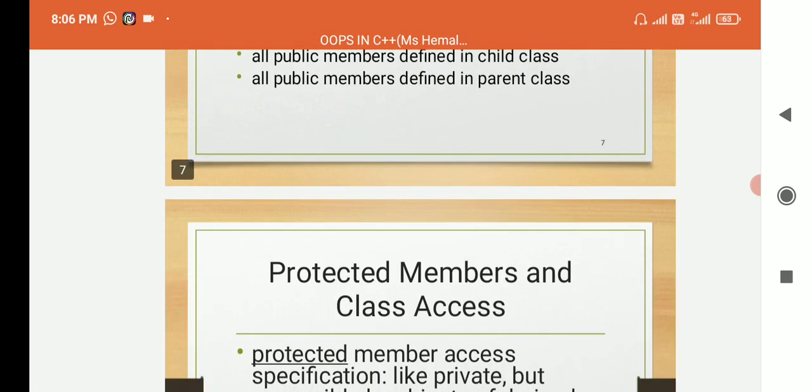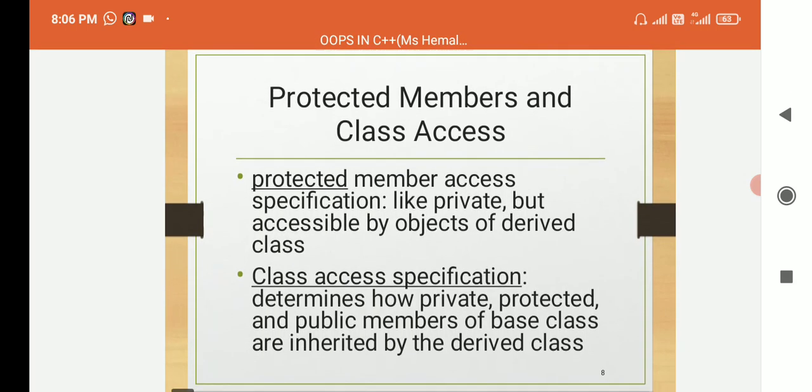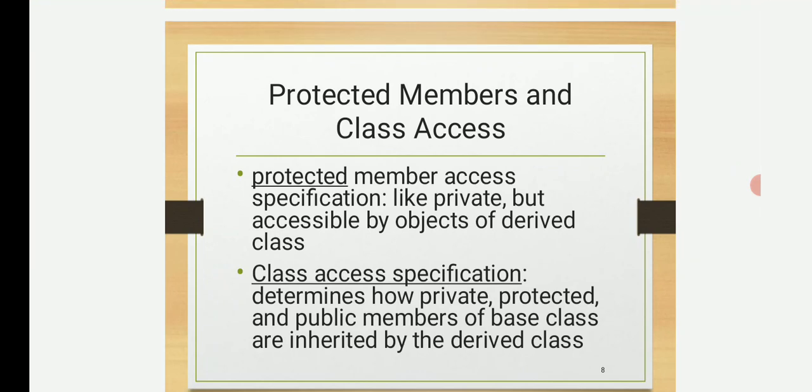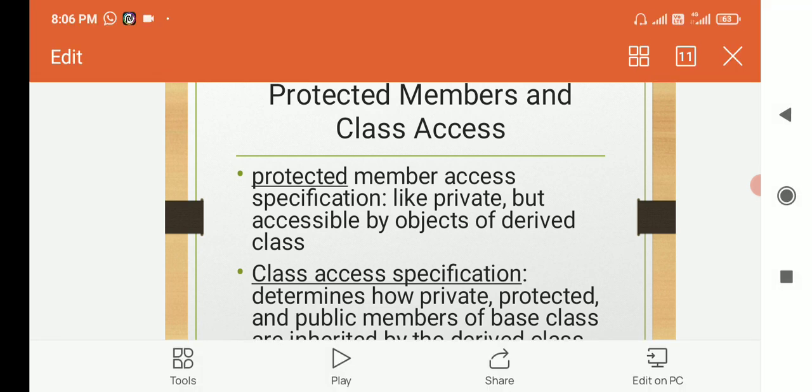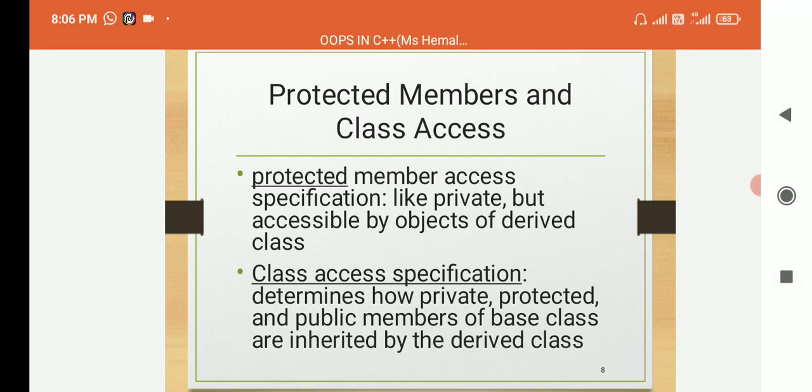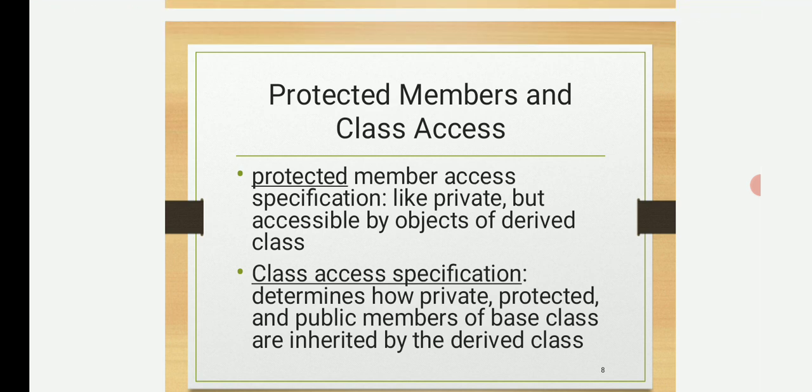Next one, protected members and class access, right? I have explained this already. Protected is used to access the data in the next level, right? This is the member class specification. We have many class access specifications: private, public and protected.